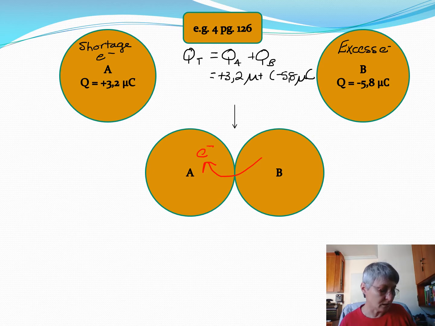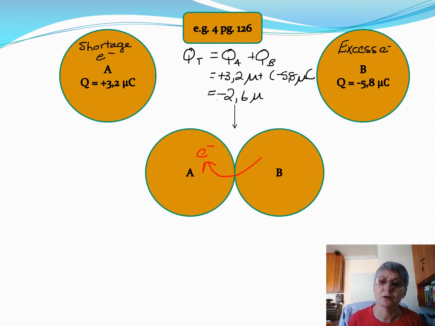So it's basically 3.2 minus the 5.8 microcoulombs. So the answer is a negative 2.6 microcoulombs, which, if you write it in terms of coulombs, is negative 2.6 times 10 to the minus 6 coulombs.